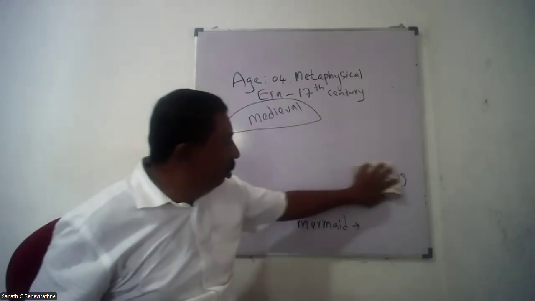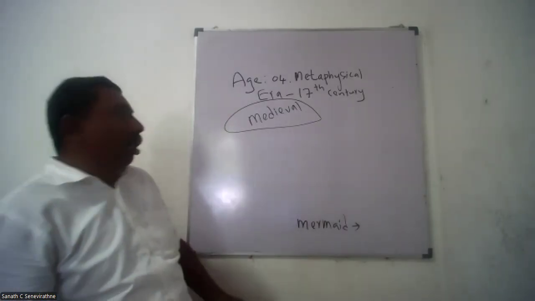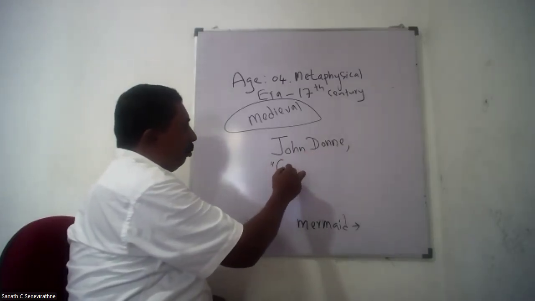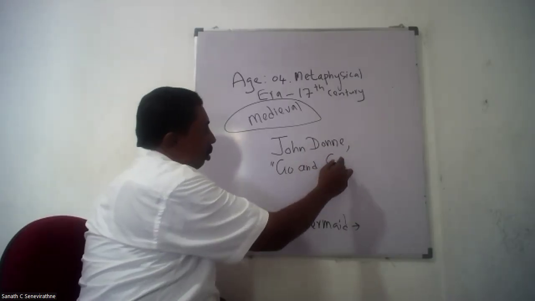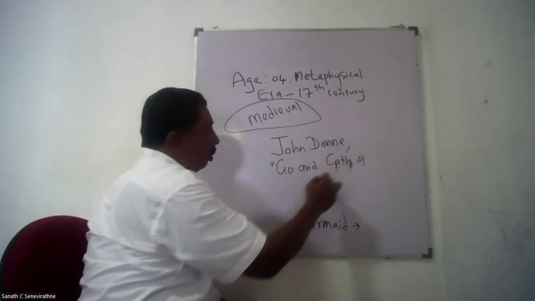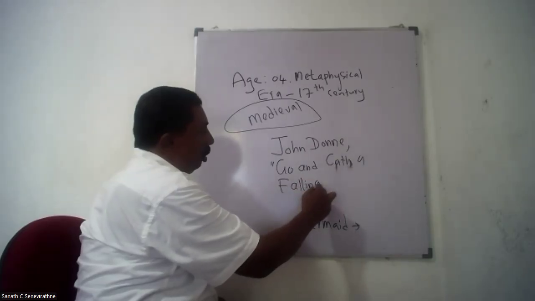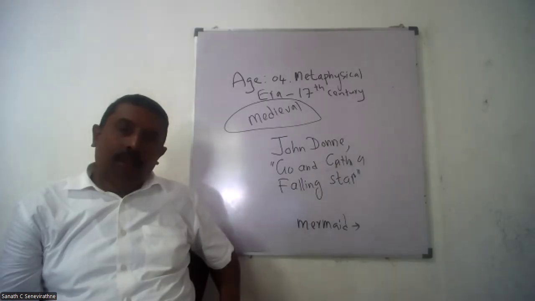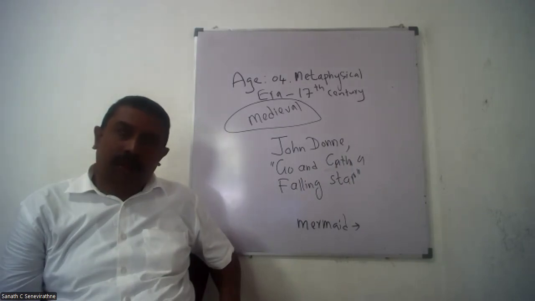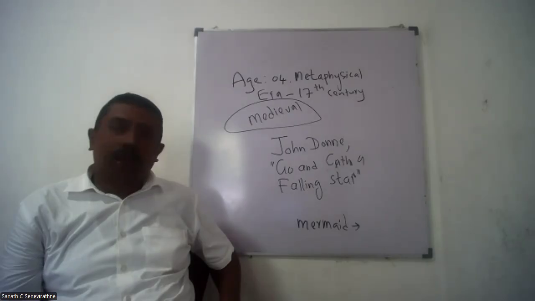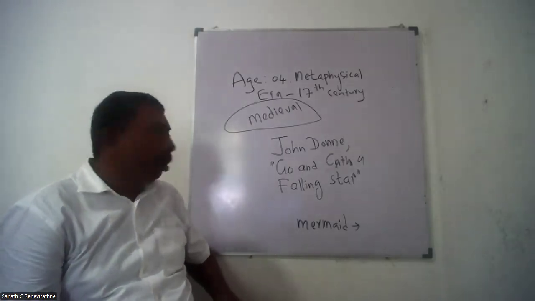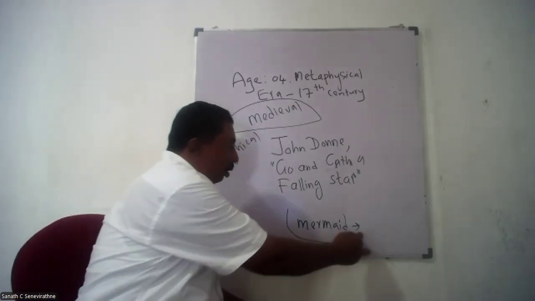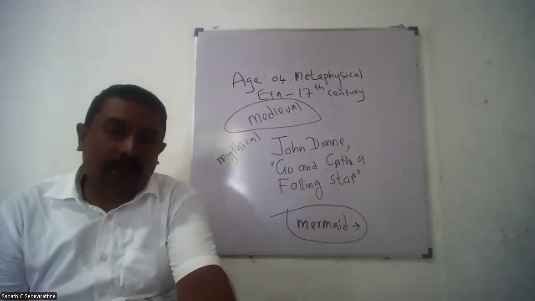For example, John Donne in writing his poem Go and Catch a Falling Star condemns the mythical female figure, mermaid.